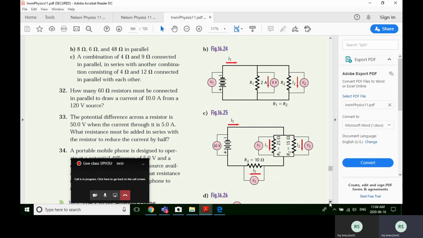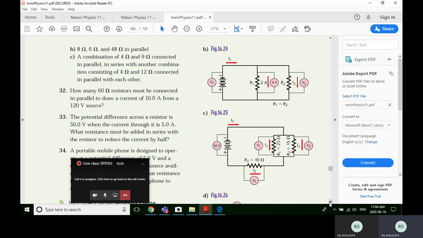Okay, so I've got 4 resistors, and I'm going to number them R1, 2, 3, 4. R1 is 4 ohms. R2 is 9 ohms. R3 is 4 ohms. And R4 is 12 ohms. That's probably the hardest part of the question.